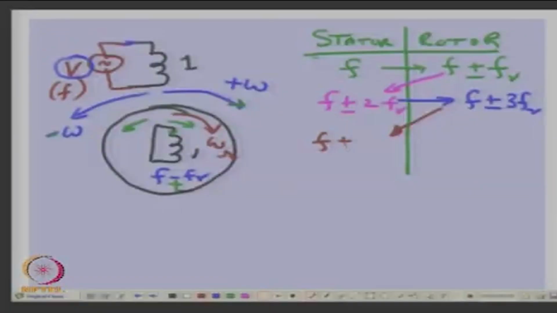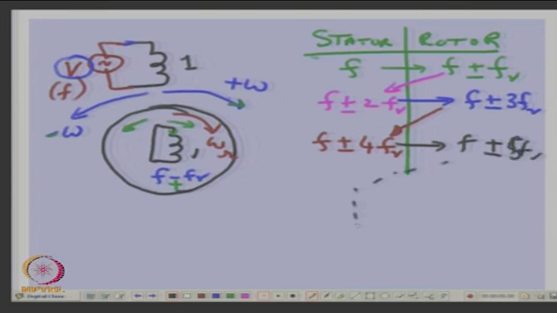Then this will give rise to further F plus or minus 4 Fr, and again this will lead to F plus or minus 5 Fr. So, it continues.